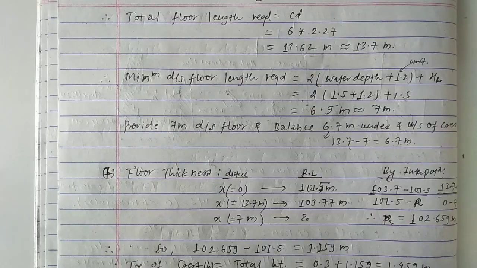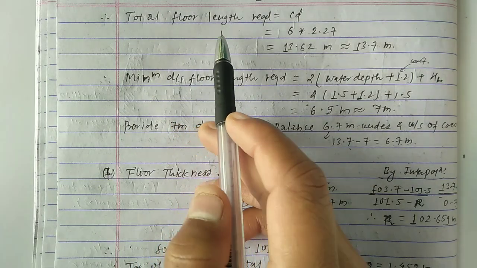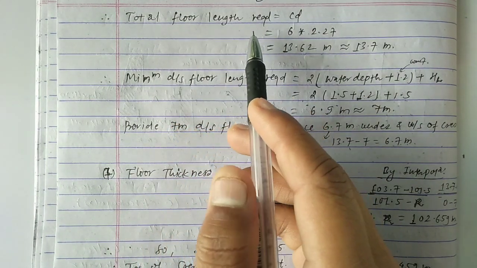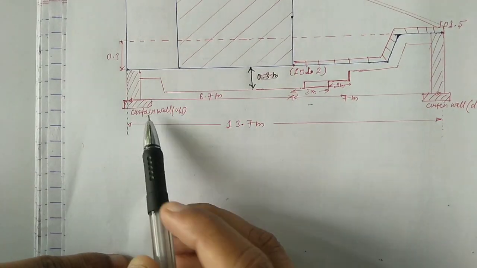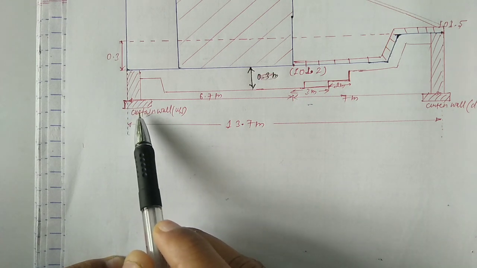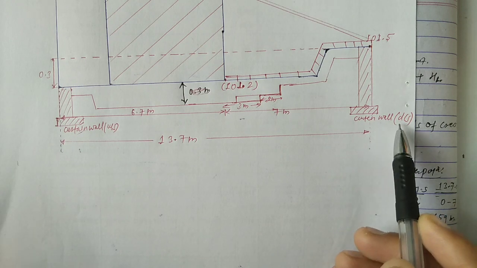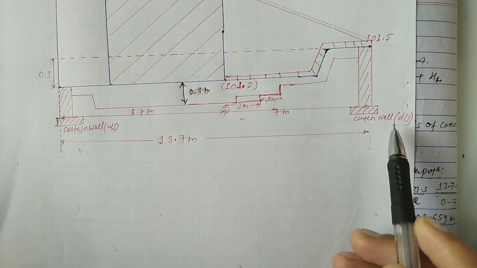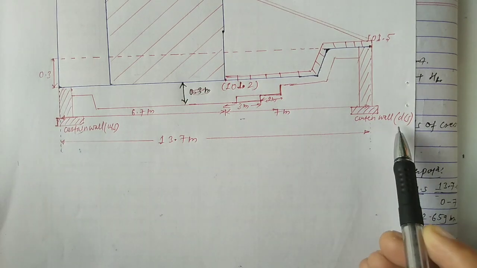Now we have to calculate the total floor length. You can see in this figure the total floor length: this is the upstream of the curtain wall, and this is the downstream of the curtain wall. We have to calculate the total length from upstream of curtain wall to downstream of curtain wall.